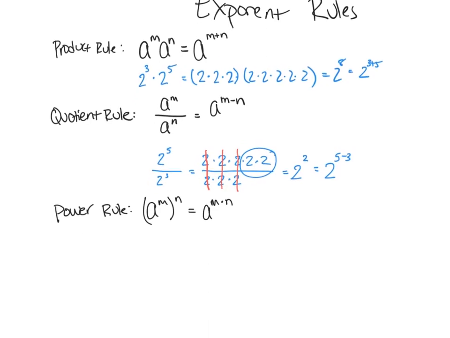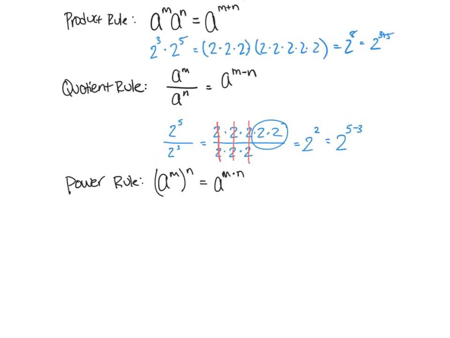I'm going to use a slightly different example because I don't want to have to write out 2 fifteen times. If we have 4 squared to the power of 3, remember, 4 squared, instead of just writing that as 16, we're going to write that as 4 times 4, to the power of 3.